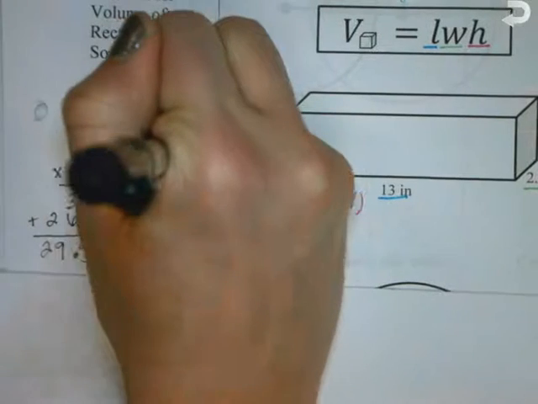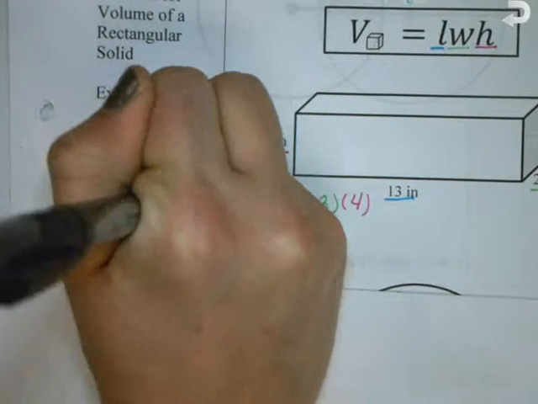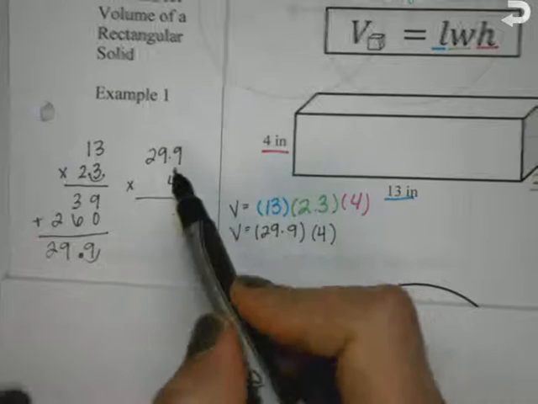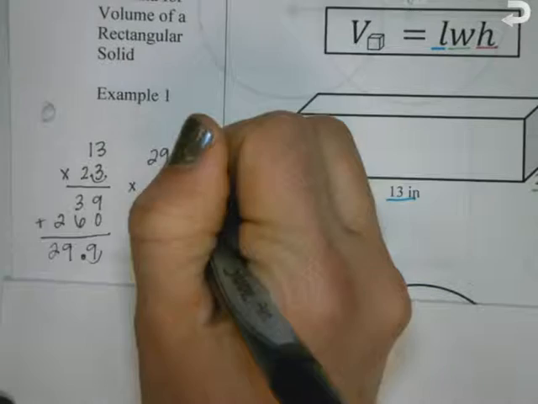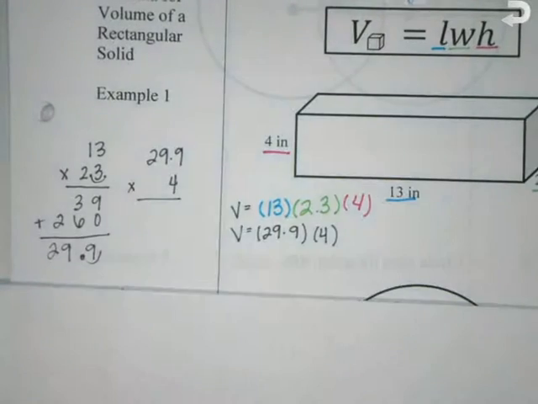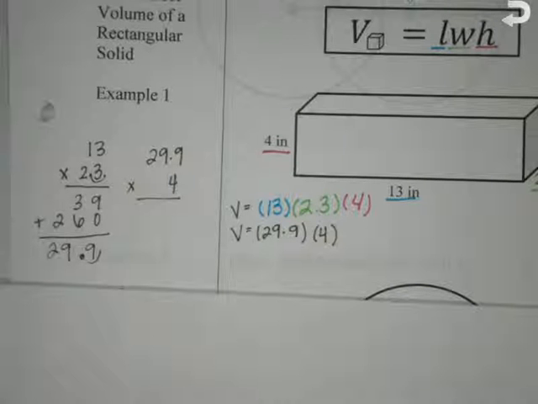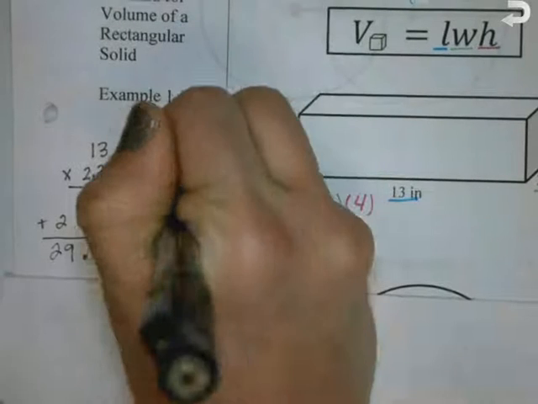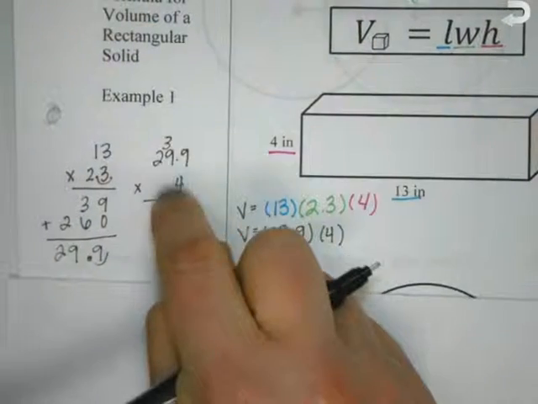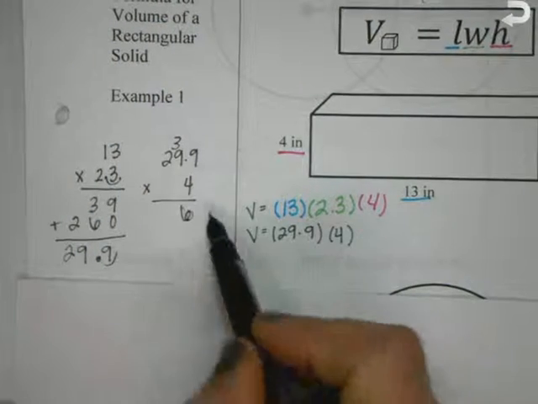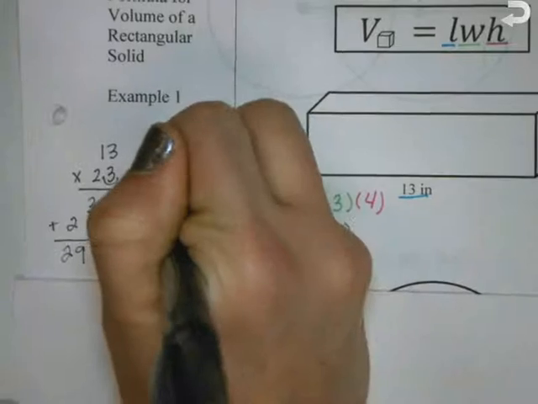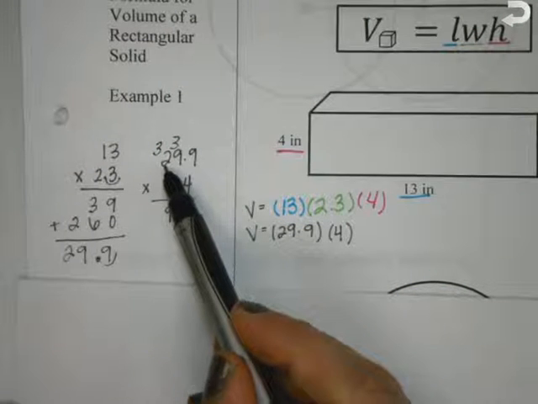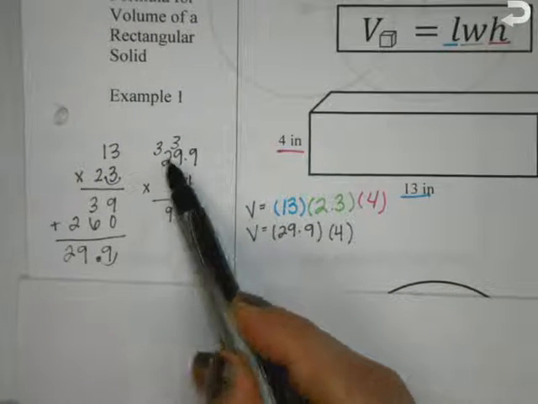4 times 9 gives me, guys, what's 4 times 9? Thank you, 36. 4 times 9 again is 36, plus 3 is 39. Carry the 3. 4 times 2 gives me 8, and 8 plus 3 gives me 11. And then how many times do I move the decimal over? 1 time. So we move the decimal over 1 space.